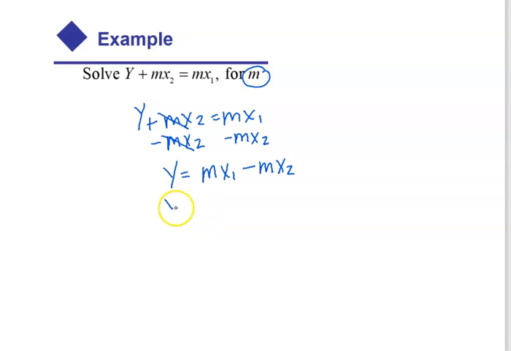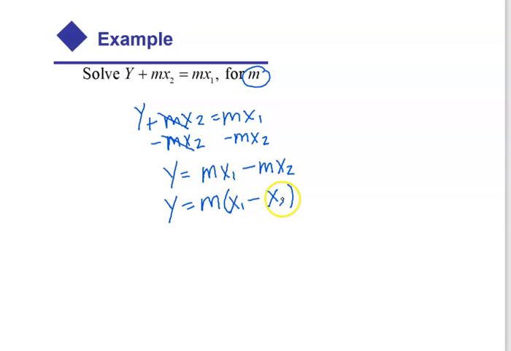Now what I could do is I can pull this slope m out front. What we call that is factoring it out. Since I've got an m in this term and an m in this term, I'm going to pull it out front, and then that would leave me with an x sub 1. So if I multiplied using the distributive property, m times x sub 1, that would give me this, right?